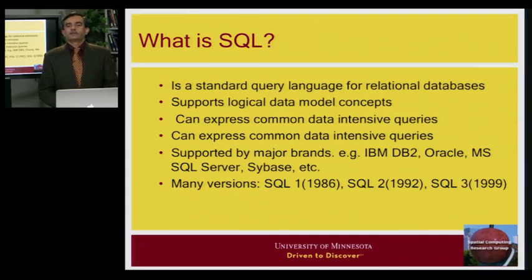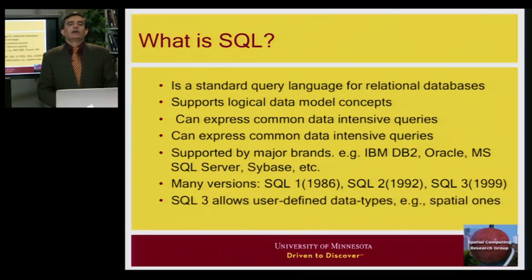Since then, another major version was released in 2008. But essentially, starting SQL 3, there is provision for user-defined data type, and using that provision we can add geographic data types such as points, polygons, line strings that we saw in our tables. So most of our discussion will be post SQL 3, so either SQL 3 or SQL 2008.